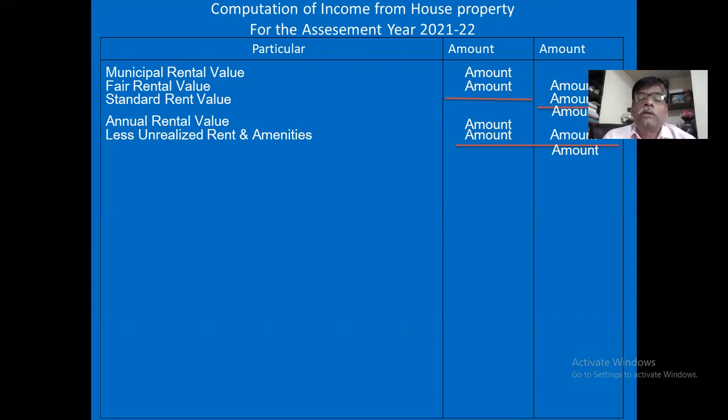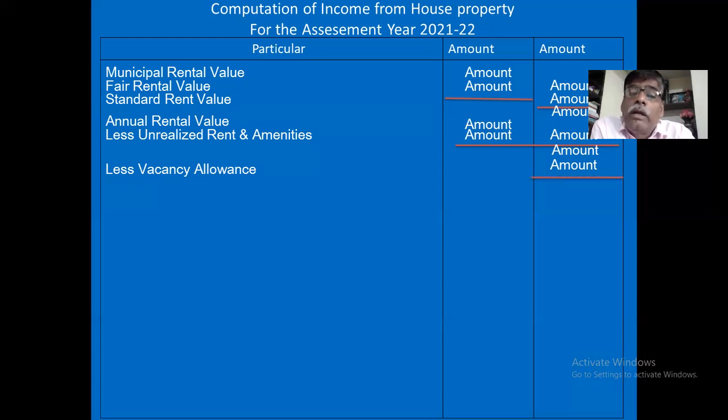If there is a vacancy period, vacancy allowance means if the house is vacant for some period in the previous year, then the rent pertaining to that period is called vacancy allowance. That is to be deducted from the above amount.